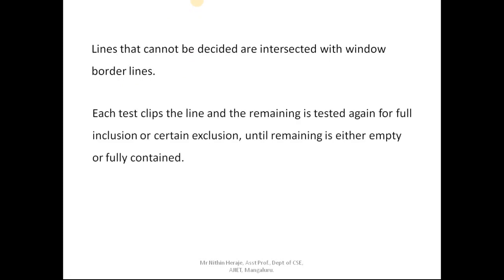Each test clips the line, and the remaining is tested again for full inclusion or certain exclusion, until the remaining is either empty or fully contained. So you need to test a line segment iteratively till you find that either the line is empty or it is fully inside the clipping window. Until then you should find the intersections.